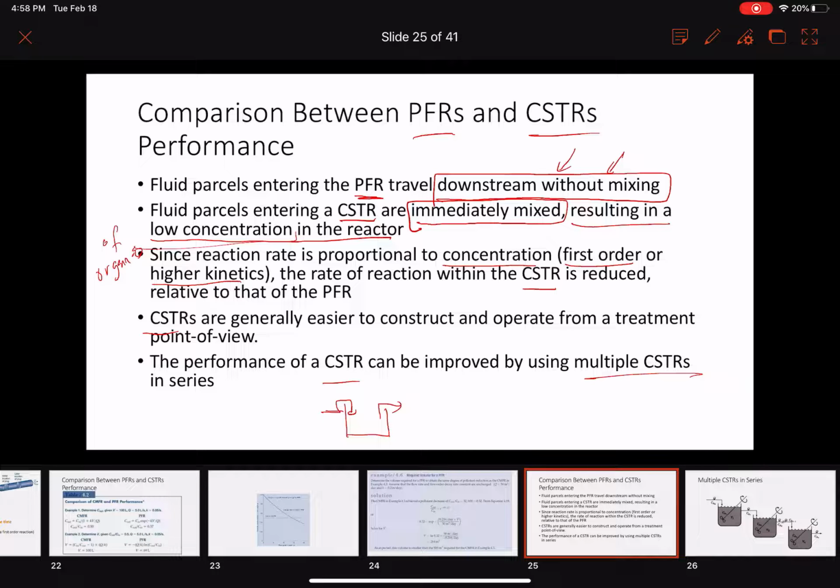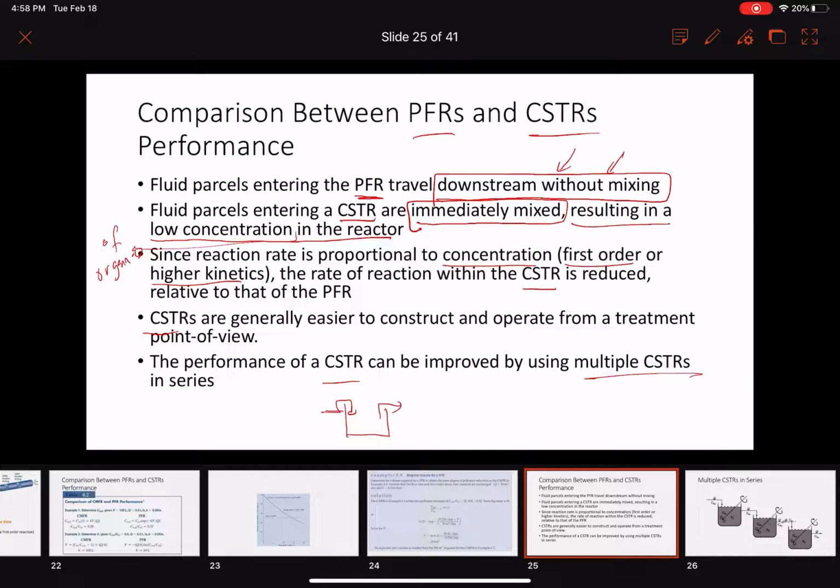But the EPA tells you that 5 milligram per liter is not within the guidelines; we need to make it close to 1. So we could use multiple CSTRs. You take this 5 milligram per liter, put it into another CSTR, and do the same reaction. Then you might get 1 milligram per liter. So sometimes we have multiple CSTRs in series.